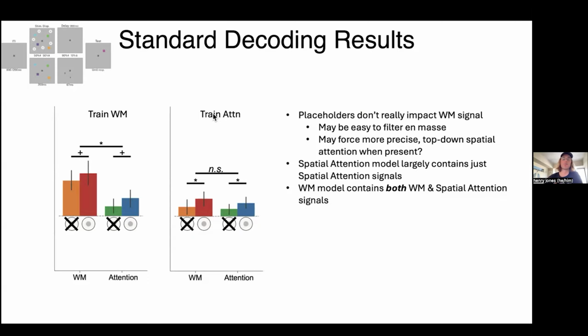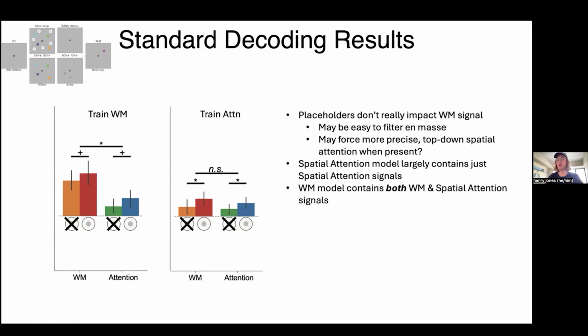But if we summarize over the results of our decoding analyses via comparison, it seems like the placeholder effect is relatively small, particularly in comparison to the sensory energy results, which I'm sorry, I don't have a nice figure for. So you kind of have to trust me on that one. But it seems like it might be pretty easy to filter out all the placeholders. They all looked the same.